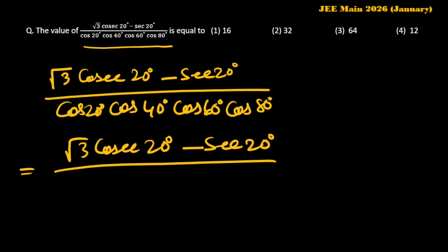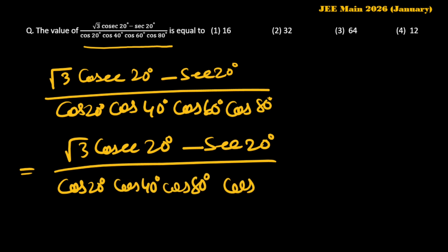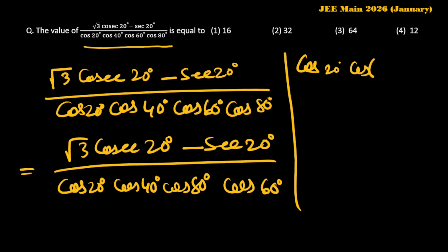As usual we write cos 20, cos 40 and cos 80, after that cos 60. So it can be written as cos 20, cos of 60 minus 20, then cos of 60 plus 20.